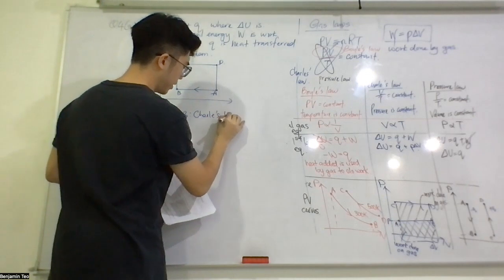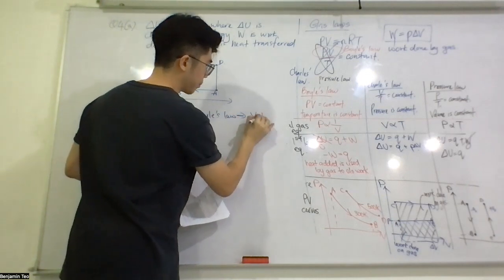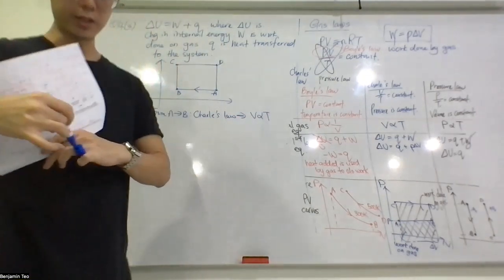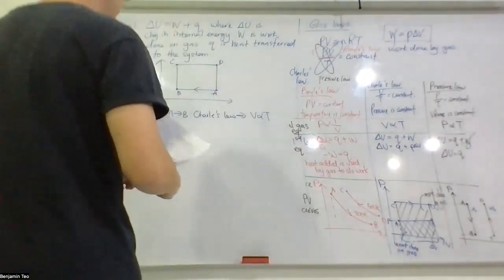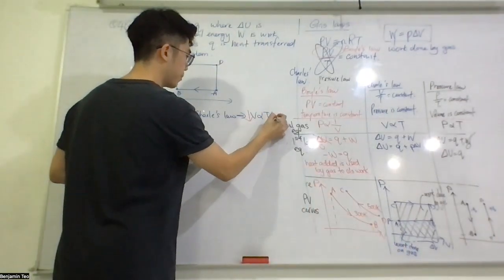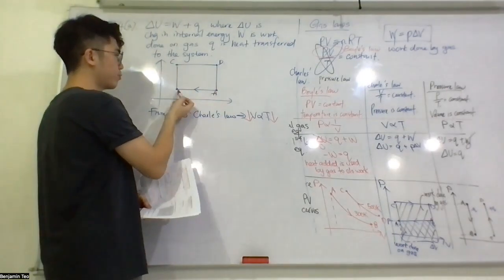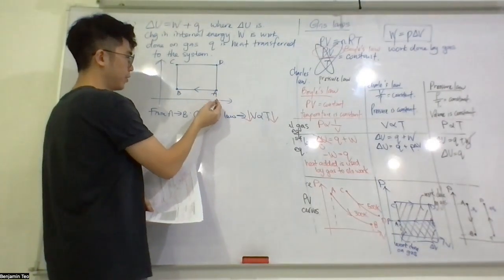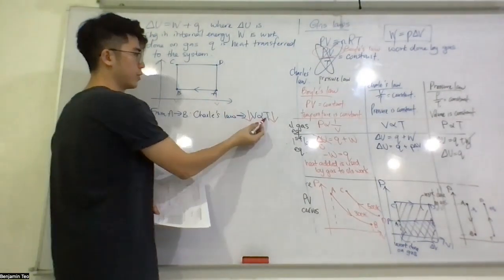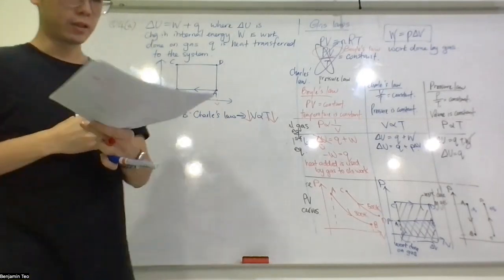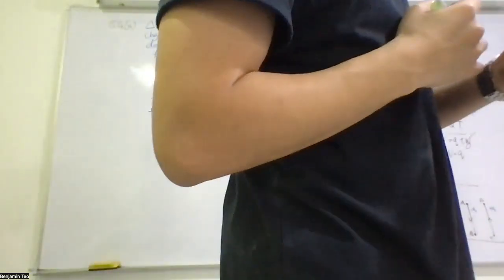Since volume decreased, temperature must decrease from A to B. So the temperature must drop, and temperature relates to internal energy.